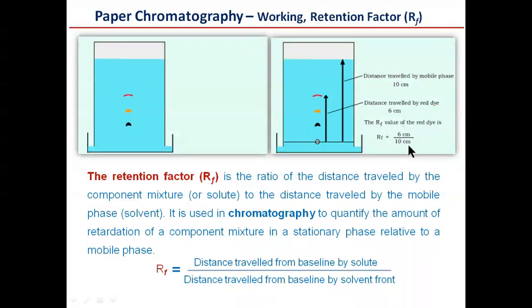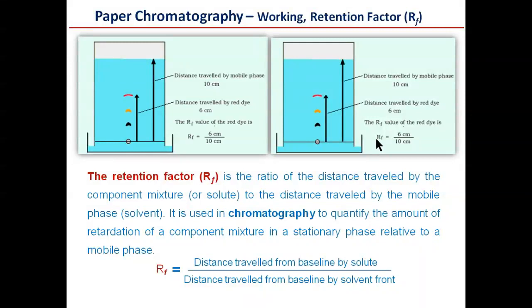So we just need to divide 6 centimeters by 10 centimeters to get the RF value, that is the retention factor, which is a very important parameter to quantify the amount of retardation of the component mixture in the stationary phase. So this is important for a 2 marks question: What is retardation factor? How do we calculate the retention factor?